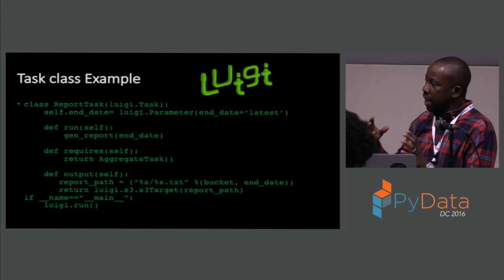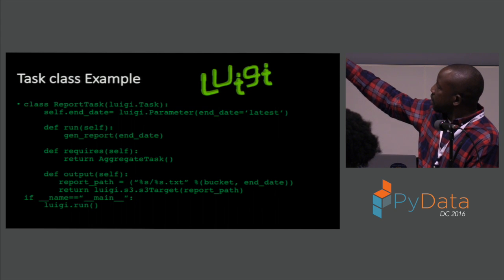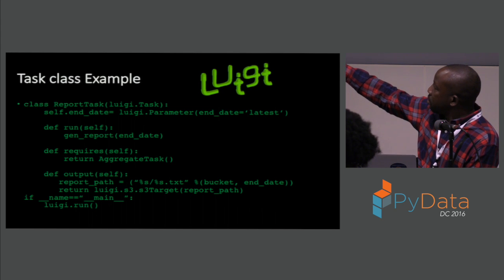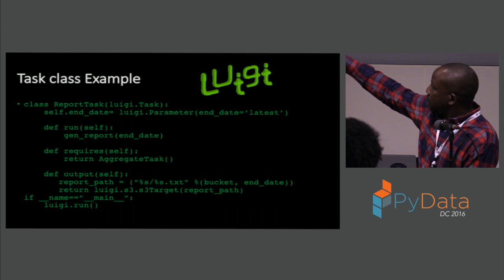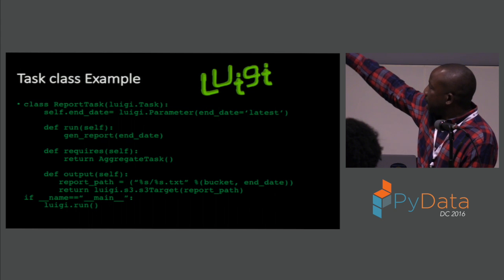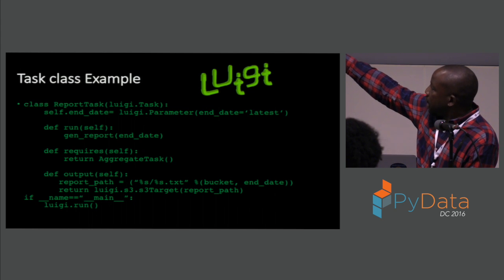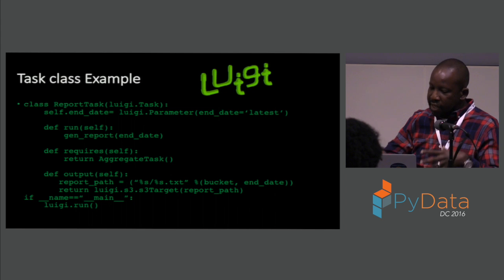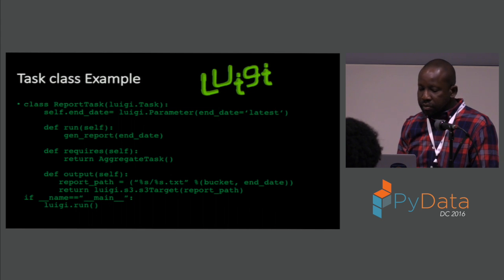One thing is that essentially these run, requires, etc. are calls to other tasks, where we specify we want to call gen report there. And I didn't show that part, the module where it specifies you want to run gen report.